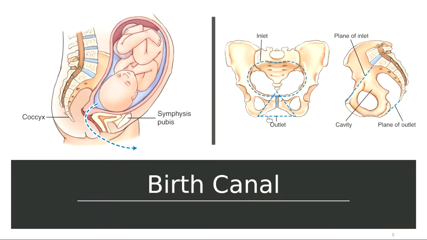The oblique plane defined by the brim of the pelvis, right here, is referred to as the pelvic inlet. And the outlet of the true pelvis is defined by the two ischial tuberosities and the tip of the coccyx. So this is the pelvic outlet.